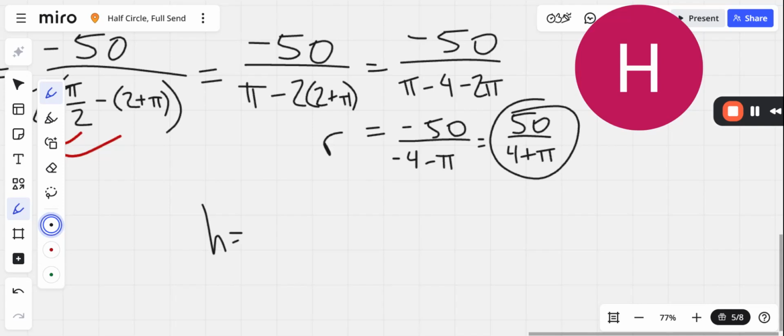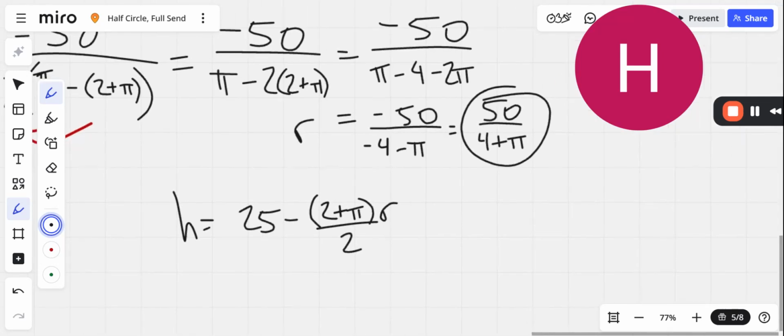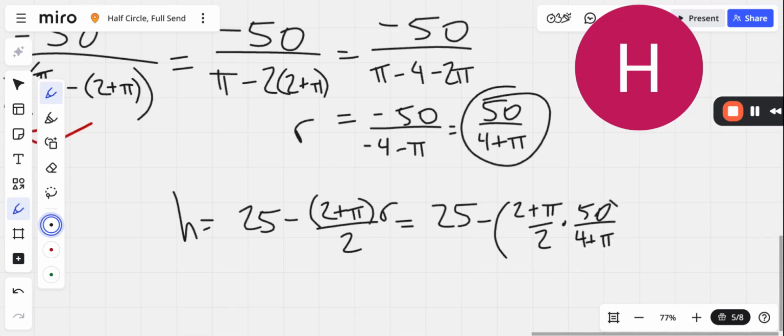Now we can use our formula for h. Right, remember that the formula for h, well, I guess it doesn't matter what order I put that in, but just to stay consistent, even though 2 plus pi is the same as pi plus 2, y'all know that. This was my equation for h. So if I simply plug that in, it's not necessarily going to cancel the best that you would want it to, but that's okay. 2 plus pi over 2 times 50 over 4 plus pi.